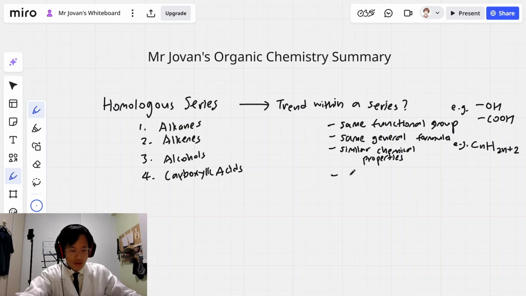And finally, I keep emphasizing within each own homologous series, don't mix them up. Within their own homologous series, for example, only in alcohols you get this, within alkenes, this. So finally, another trend that we can see in each homologous series is that there is a gradual trend in physical properties.